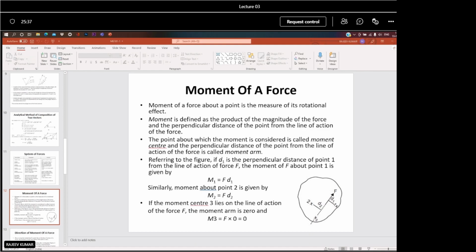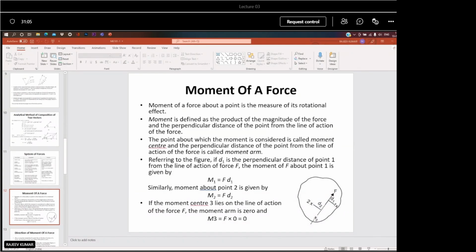Okay, the same force, when you have changed the point about which it will rotate, that location point you have changed, the moment direction will become different. So you are seeing that if you apply this direction, FD will create a clockwise moment, and this FD2 will create an anti-clockwise moment about point 2x.